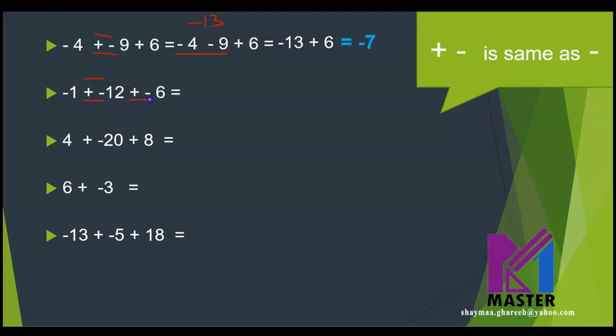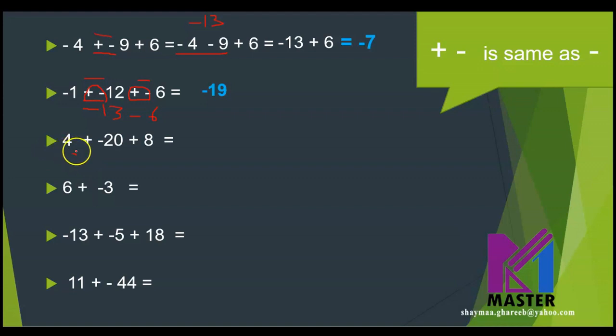I will change these two into minus. So the sentence will be -1 minus 12 minus 6. -1 minus 12 gives -13 minus 6. The answer will be -19.